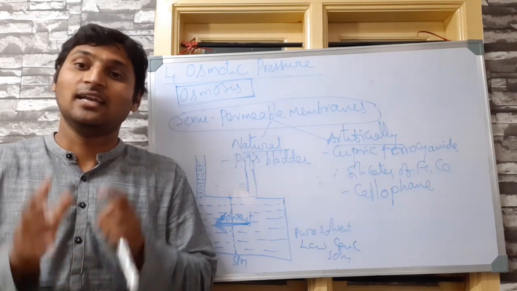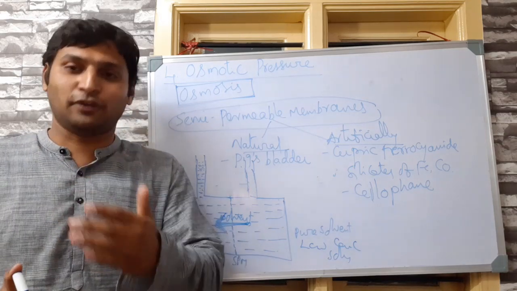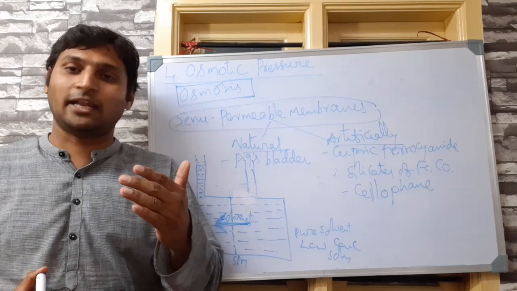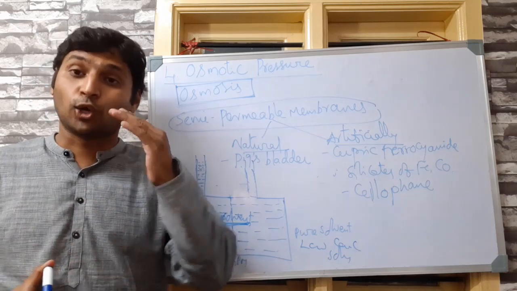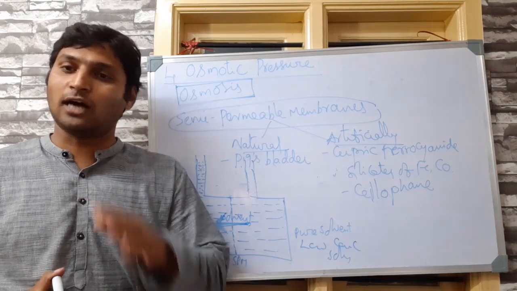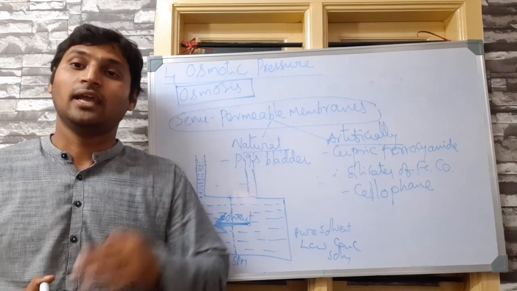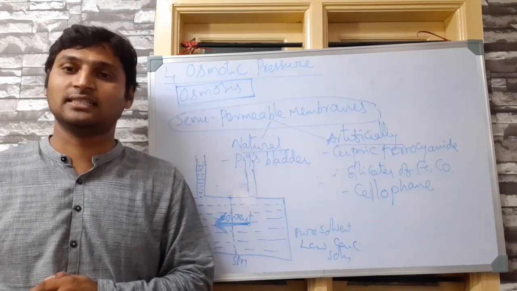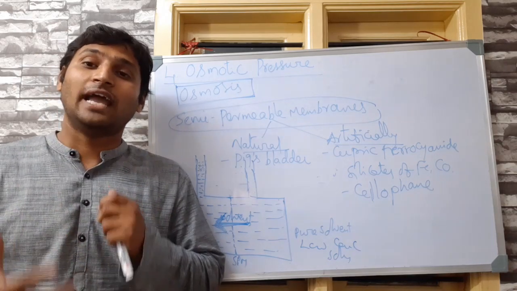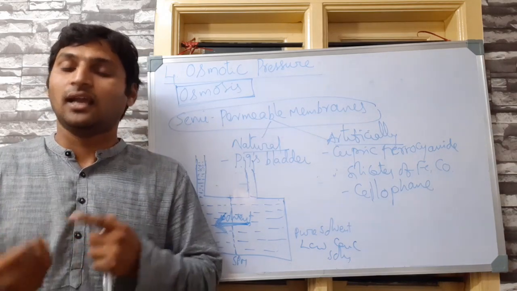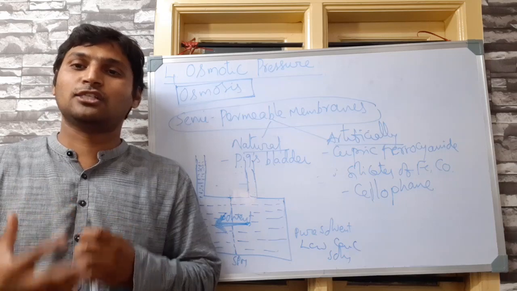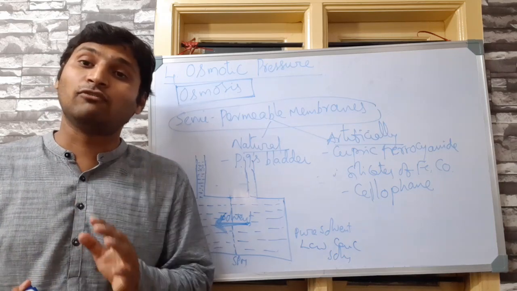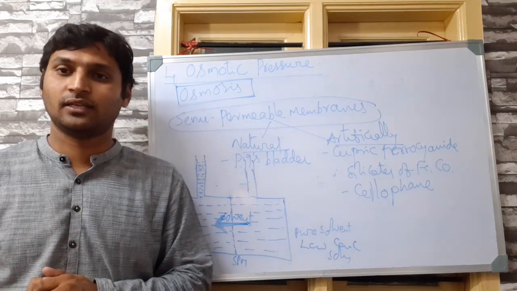Are you understanding? Similarly, there are many biological phenomena which I will be eventually explaining to you. Growth of plants involves osmosis. Okay. Development of plants involves osmosis. Then maintenance of electrolyte balance in the body for blood vessels to function properly involves osmosis.